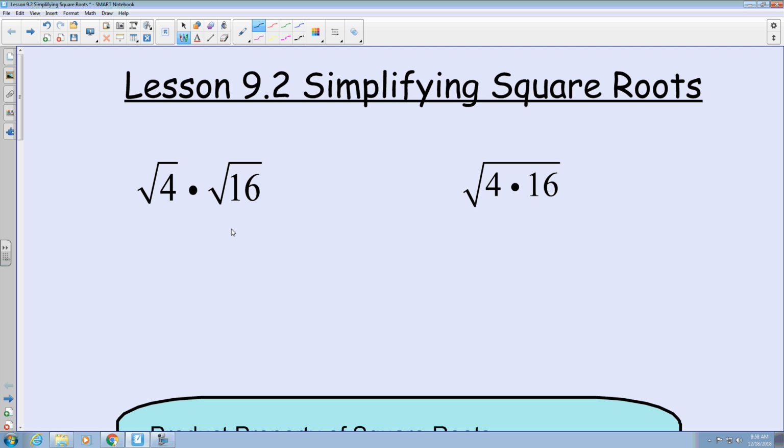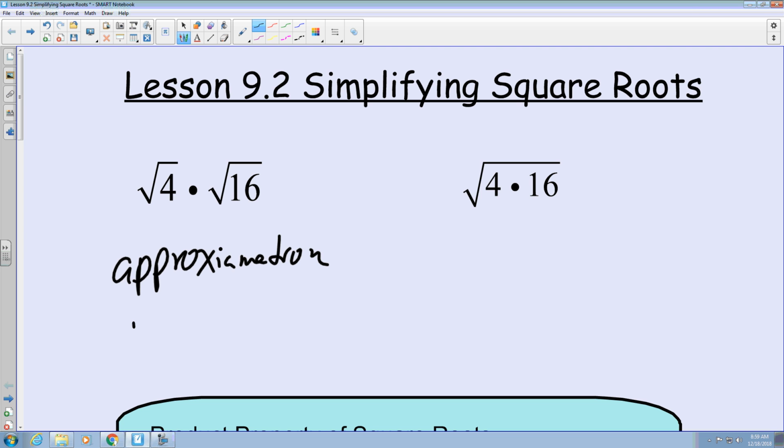You can use an approximation, which we talked about yesterday. We did approximations of rounding a square root to the nearest integer. We can round it to the nearest tenth, nearest hundredth, and so on and so forth.